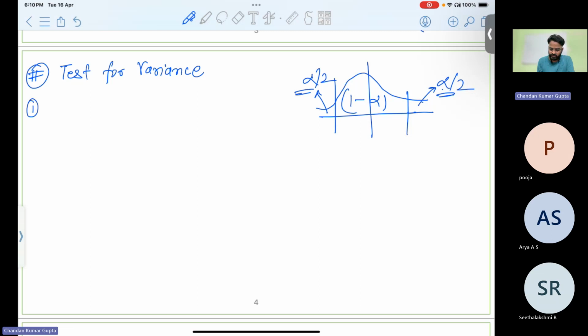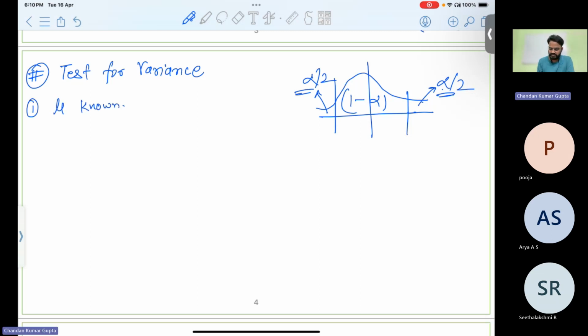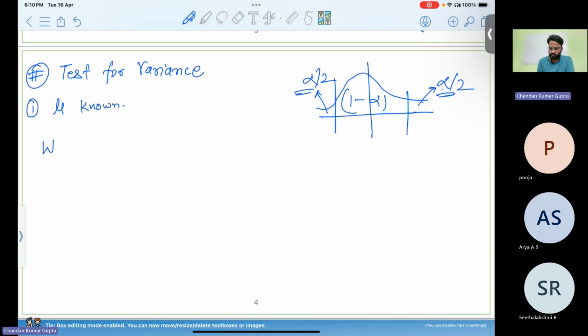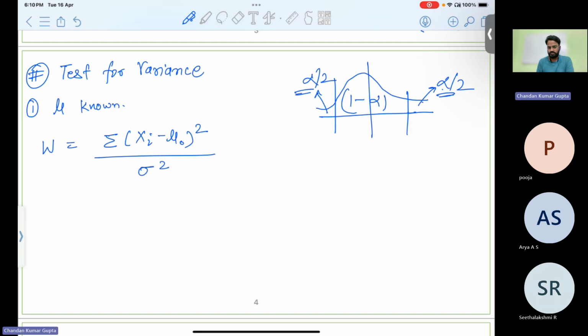When mu is known, we define the test statistic W as summation of xi minus mu naught whole square upon sigma square. We are going to discuss the testing for variance when mu is known. And the second case is when mu is unknown.